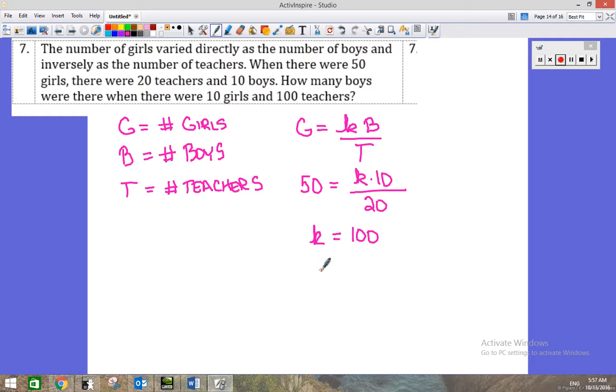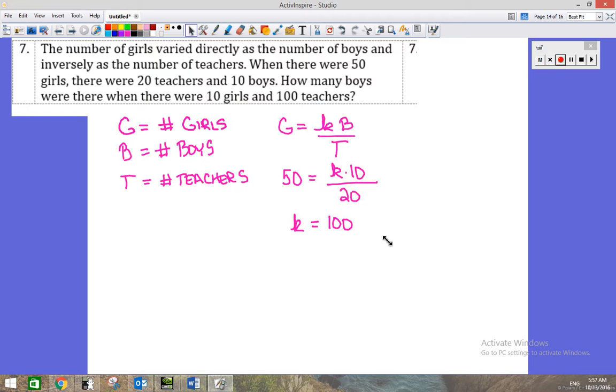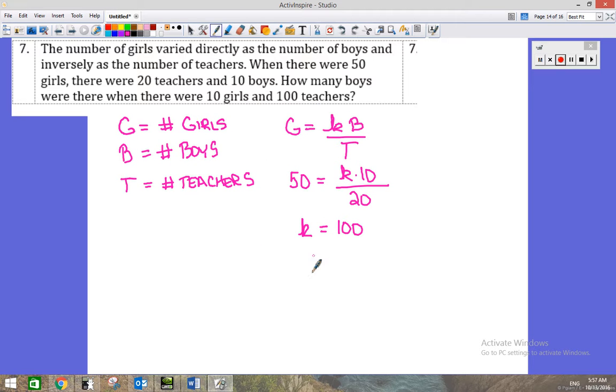So my model, my equation, is G equals 100 times B divided by T. Alright, how many boys would there be if there were 10 girls and 100 teachers? Well, 100 divided by 100, there were 10 boys.